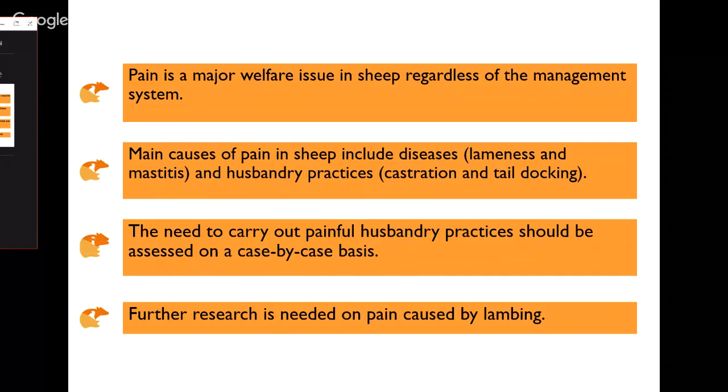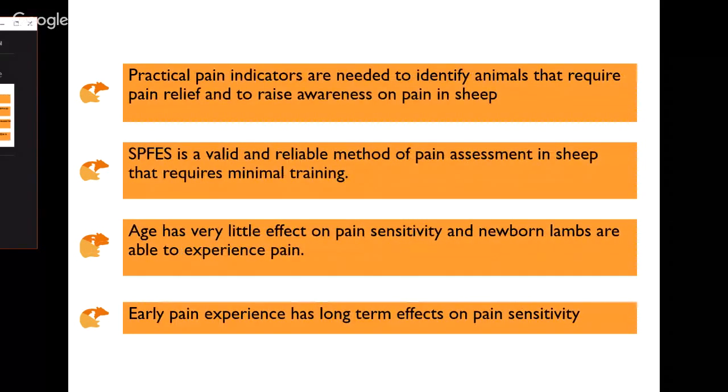The need to carry out painful husbandry practices should be assessed on a case-by-case basis or on a flock-by-flock basis, so shouldn't be taken for granted. Further research is needed on pain caused by lambing. Practical pain indicators are needed to identify animals that require pain relief and also to raise awareness on pain in sheep.